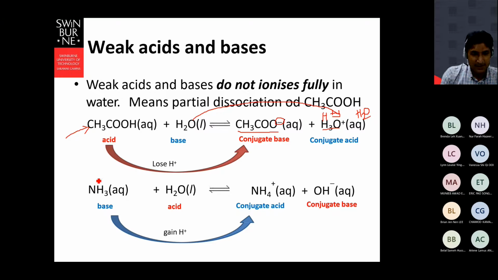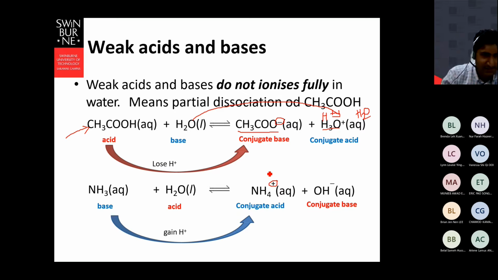The same goes for this base as well. Ammonia is a weak base, so it does not take the hydrogen ion fully. Only a small percentage of it takes it. By taking a hydrogen ion into its molecule, it becomes NH4+, a conjugate acid. Positive charge means it is carrying an extra burden all over. Nobody likes it. You will not like it, I will also not like it.